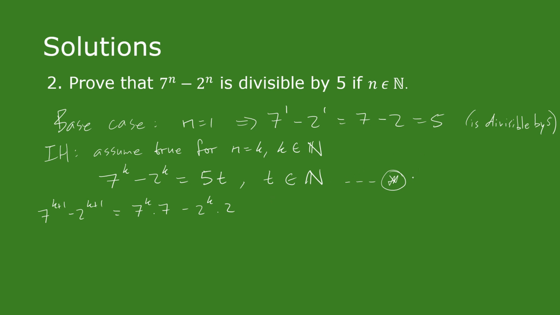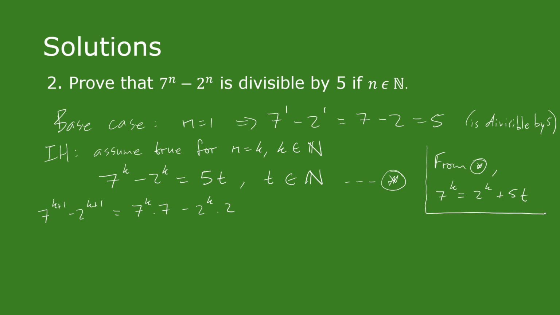Now from this equation star, we can make 7 to the power k the subject of the formula. 7 to the power k is equal to 2 to the power k plus 5t, just rearranging equation star.